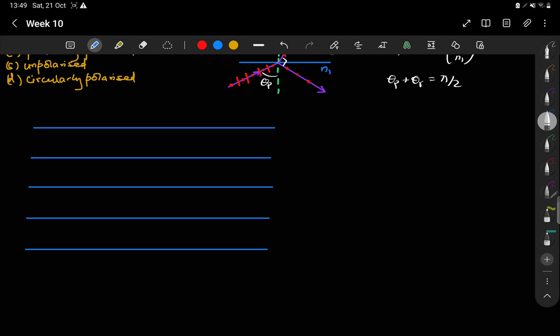And let us send in a light beam on the first interface such that it is at the Brewster angle, and this input light is unpolarized.